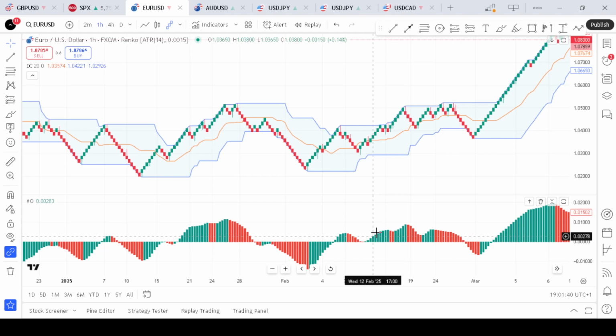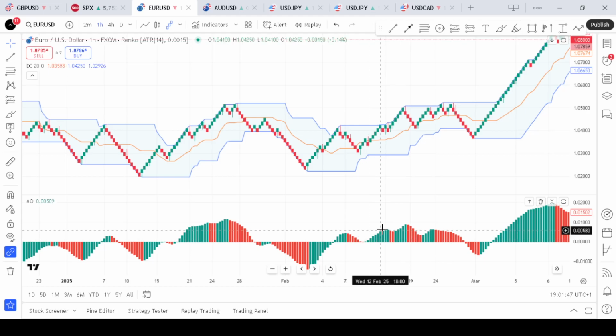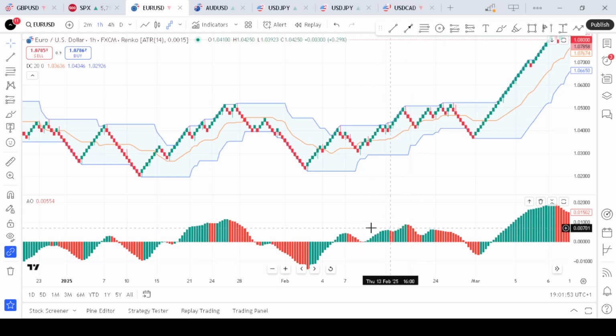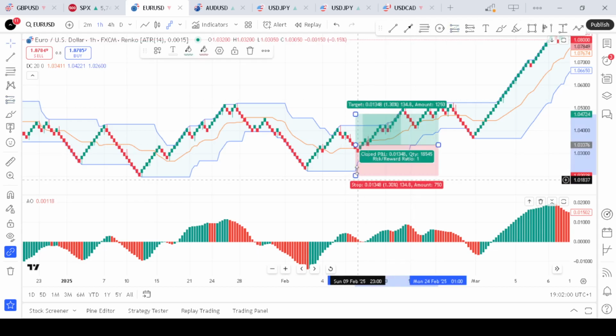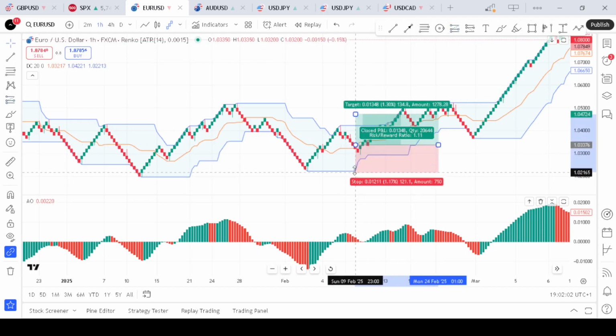As you can see, the oscillator bar which is above 0 indicates bullish sentiment. So when price has come to retest the middle band is where you would want to enter your trade. You enter at that area.